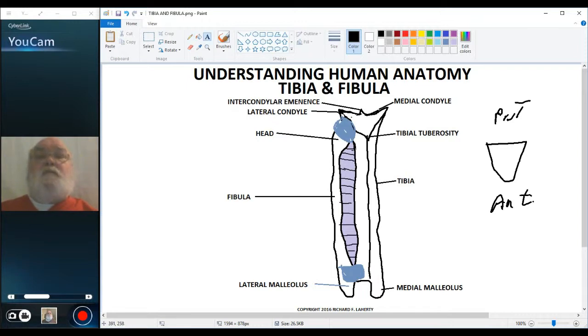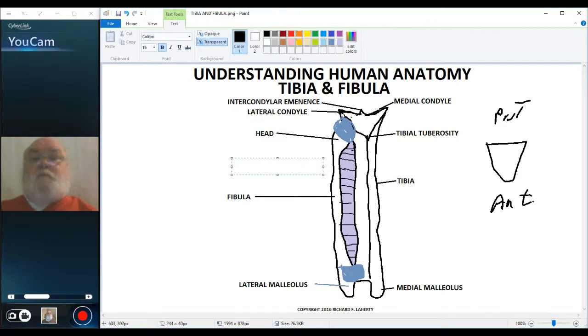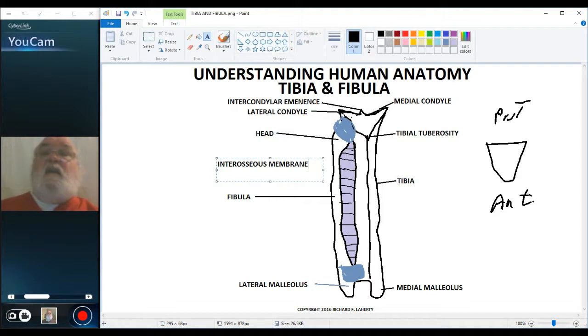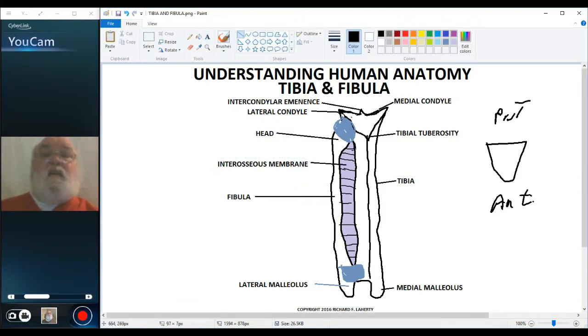And let me label the interosseous membrane. There.